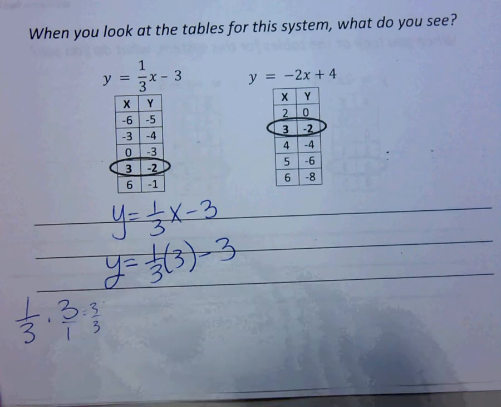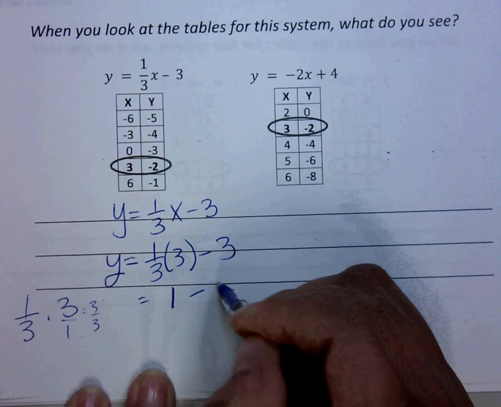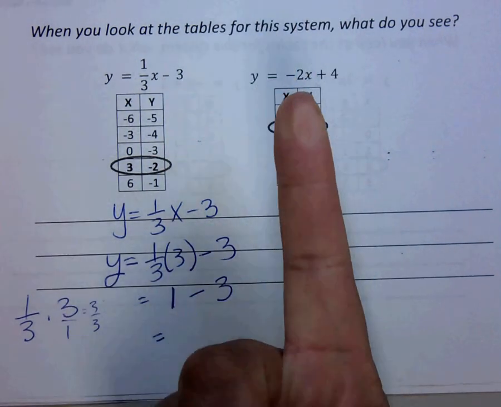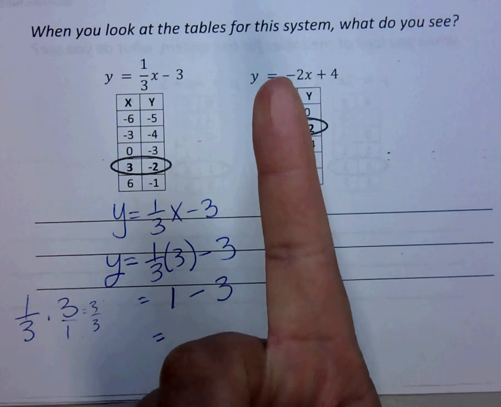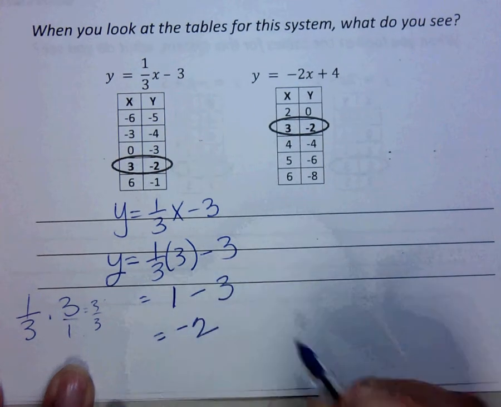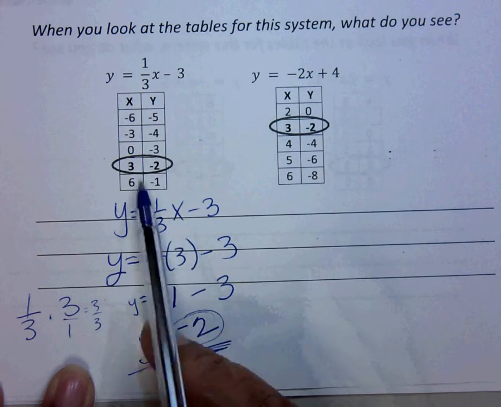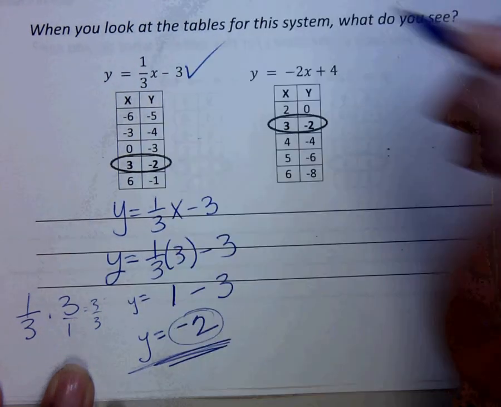Anything over itself is 1. So in a nutshell, this is 1 minus 3. And if I have 1 and I need to take away 3, I need to borrow 2 from somebody. That puts me in the negative. And look, y equals -2 when x was 3. So it works.